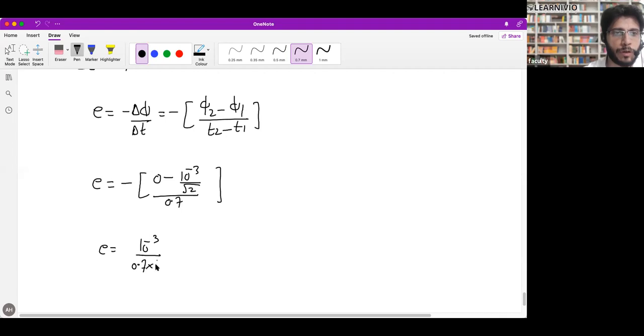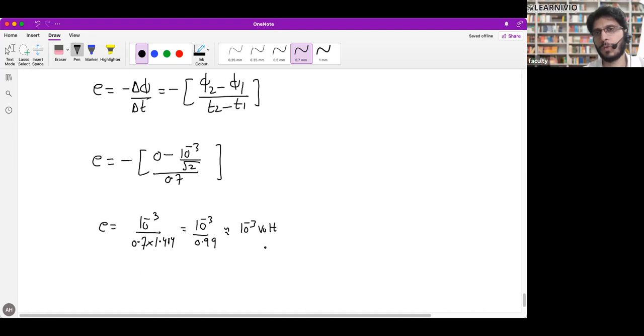Root 2 is 1.414. So 0.7 multiplied by 1.414 is 0.99, almost equal to 1. So 10 raised to the power minus 3 divided by 0.99 is almost equal to 10 raised to the power minus 3 volt.